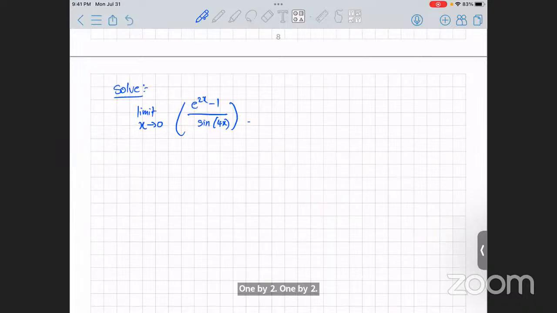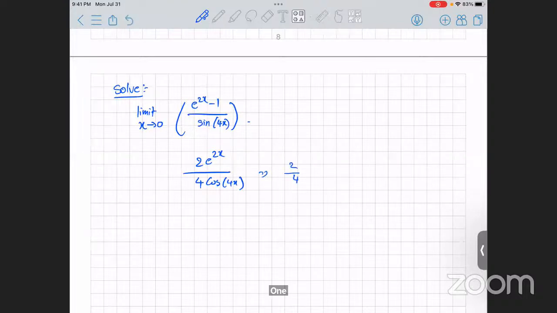If you use L'Hospital, it is 2 into e power 2x divided by 4 into cos 4x, which equals 2 by 4 into 1 into 1.